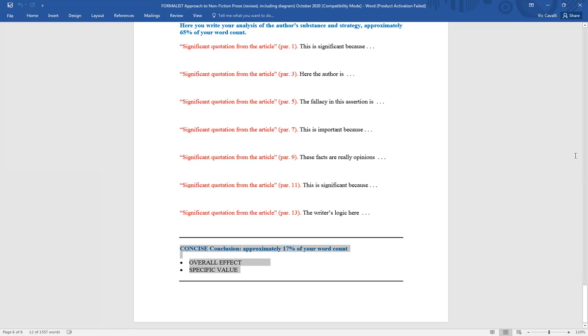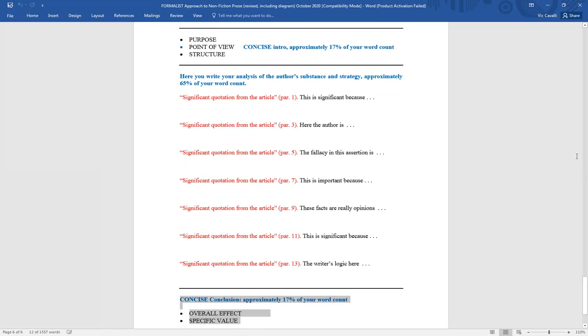Okay, so there you have it in the lecture. You've got an explanation of the theory, and you've got two samples of practice, two sample essays. Please remember that in the in-class essay, you'll be able to create a page of preparatory notes, point form notes as described in the syllabus, regarding purpose, point of view, and structure.